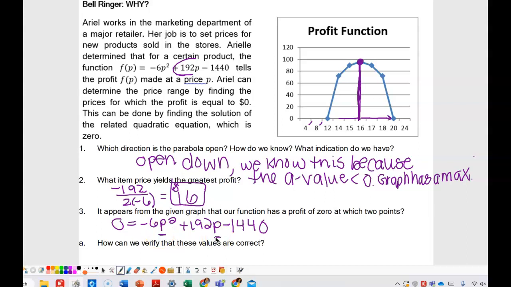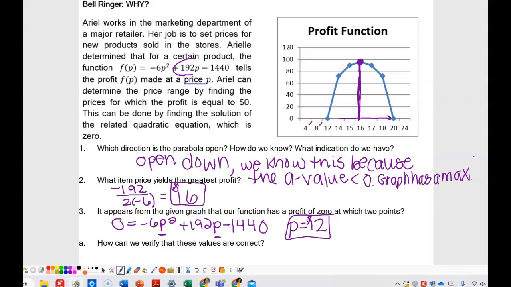So it would be negative 6 times 12 squared, plus 192 times 12, minus 1440, and it is in fact 0.